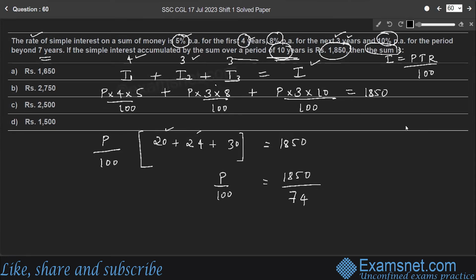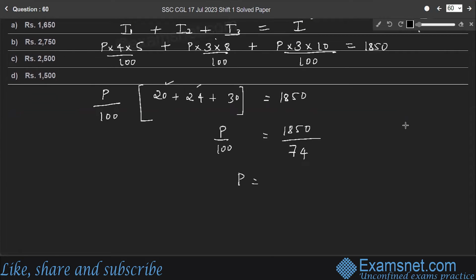Therefore, principal is equal to 1850 into 100 by 74. So 74 into 2 is 148. So 74 into 5 is 370.